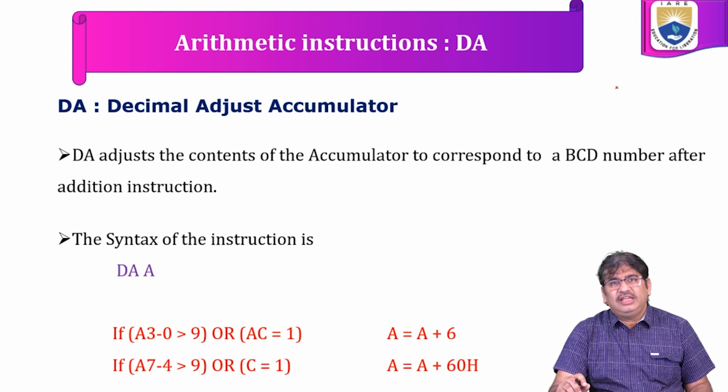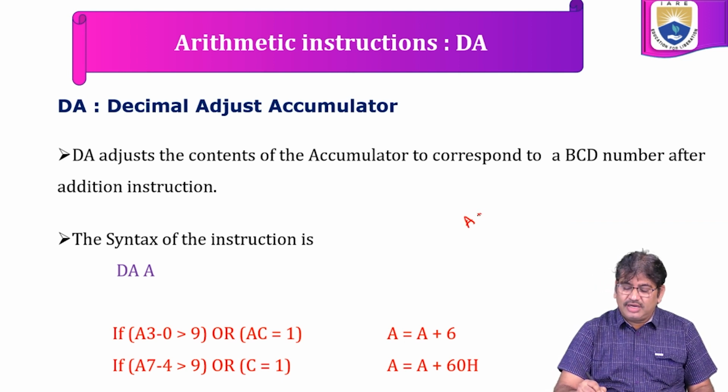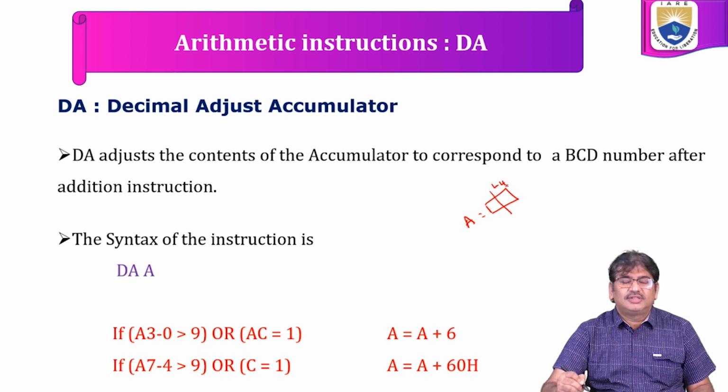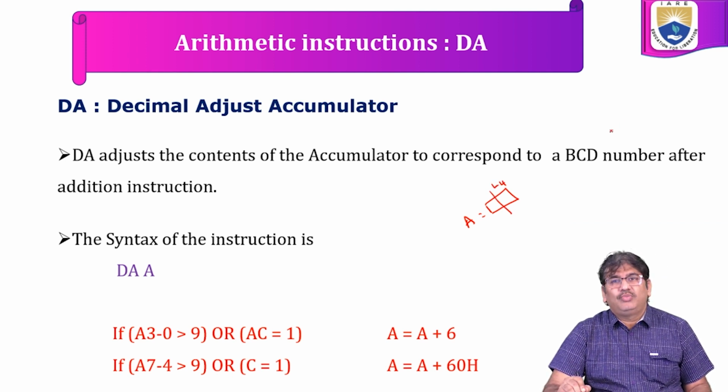So when the DA A instruction is executed, whatever the accumulator contents are before executing the DA instruction, they will be checked for the lower 4 bits. That is, the accumulator bits 0 to 3. If it is greater than 9 or the auxiliary carry is equal to 1, then 6 will be added to the accumulator.